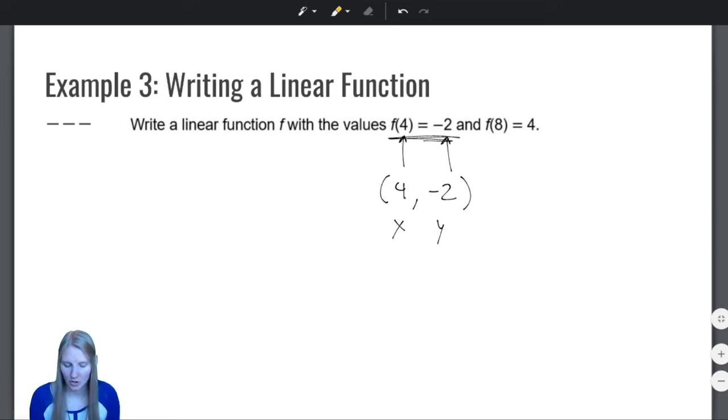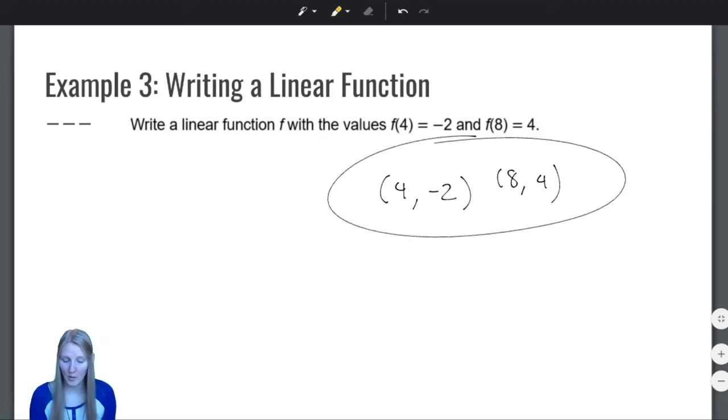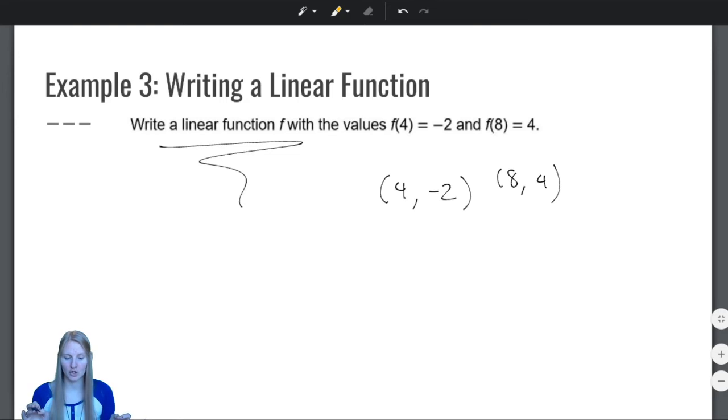Okay, so we have the point 4, -2, and we also have the point 8, 4. So we have 2 points, and they want us to write a linear function with these values.